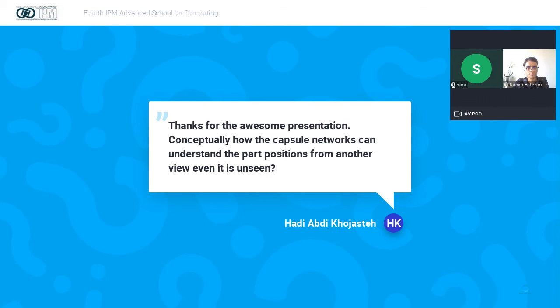Okay, thank you. Another question, by Heidi, asks conceptually how capsule networks can understand the part positions from another view, even if it's not seen. If they are able to extract each part's position and work with the numbers, it's about computer graphics. That's exactly how graphic artists generate animations.